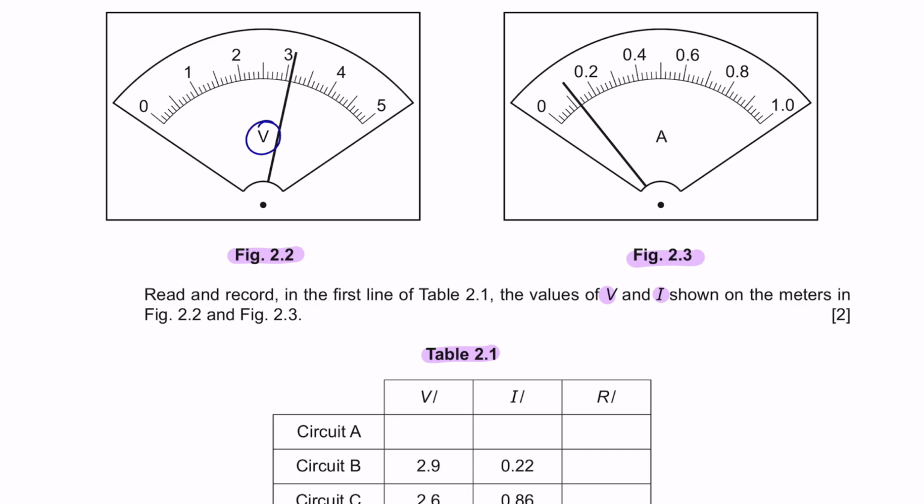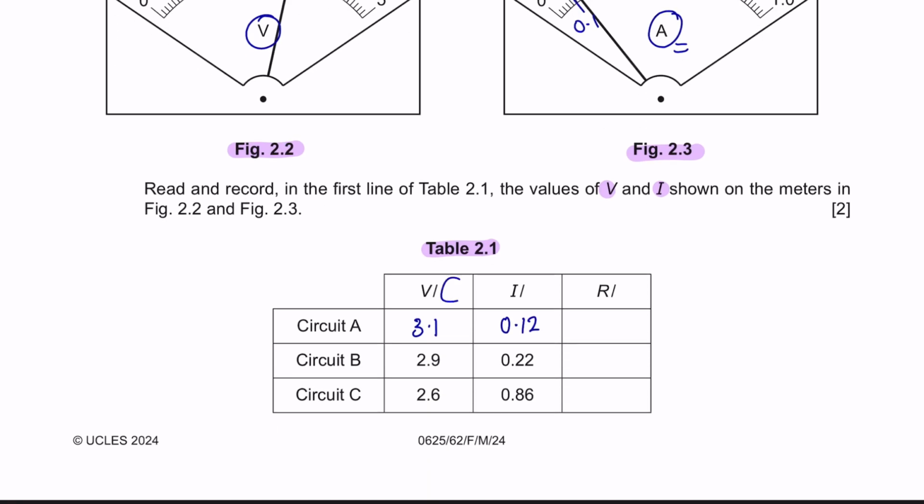Okay, so this V stands for the voltage, which is 3.1, and A is for ampere, the unit of measurement of current. If this here is in the middle, it will be 0.1 and this should be 0.12. So the voltage is 3.1 and the current is 0.12. The unit should be written over here. Voltage is in V, current is in A, and resistance is in ohm.